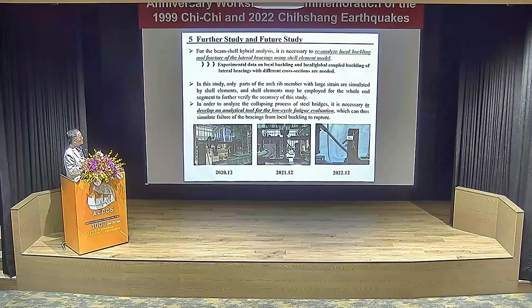So to this end, we are performing some tests on braces these years to get experimental data and then to check our analysis procedure. In this study, only parts of the arch rib member with large strain are simulated by shell elements, and the shell elements may be extended to the whole segment to further verify the accuracy of this study.